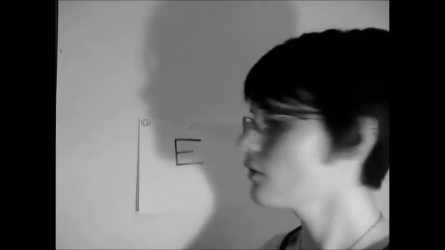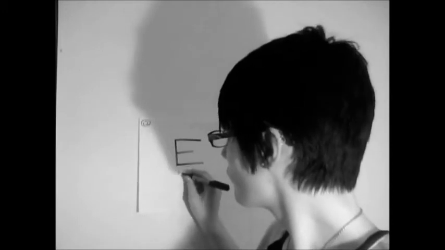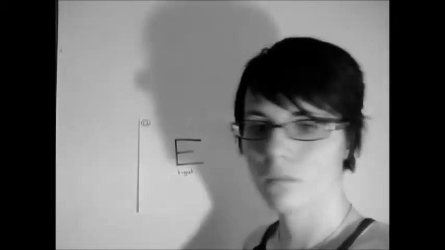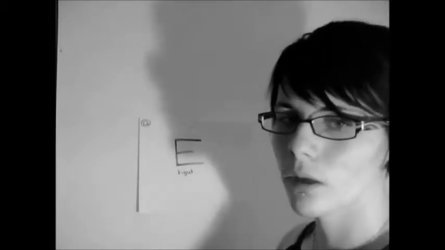The 12th letter of the alphabet is called Tieut. Tieut says t.